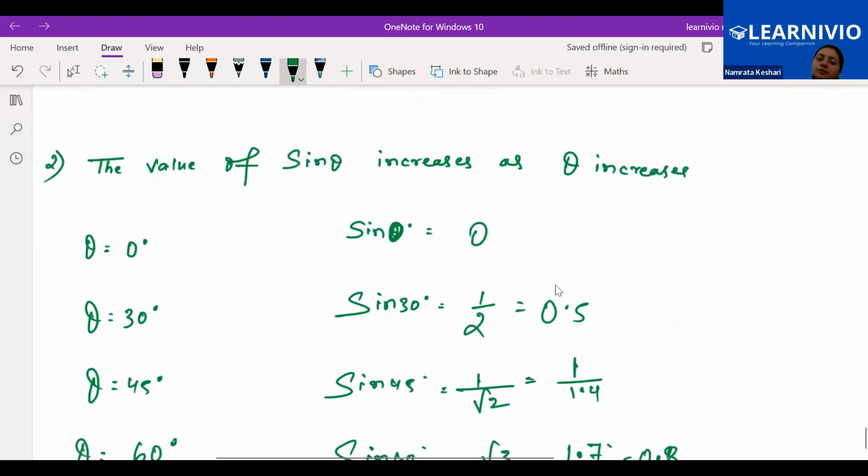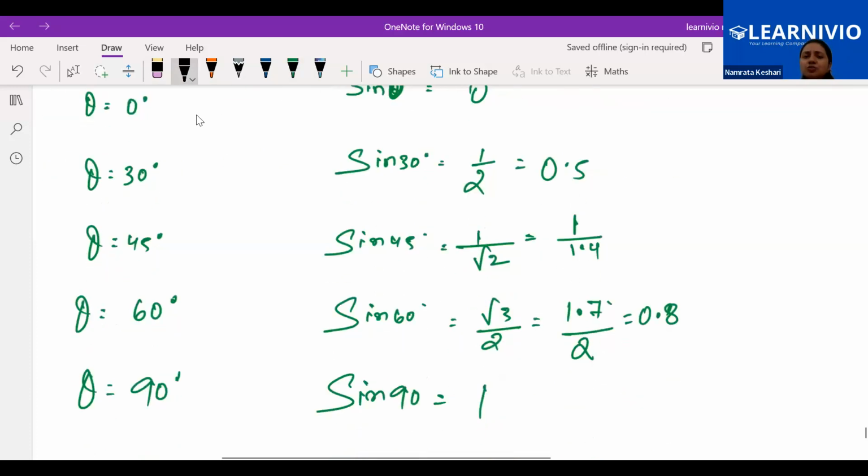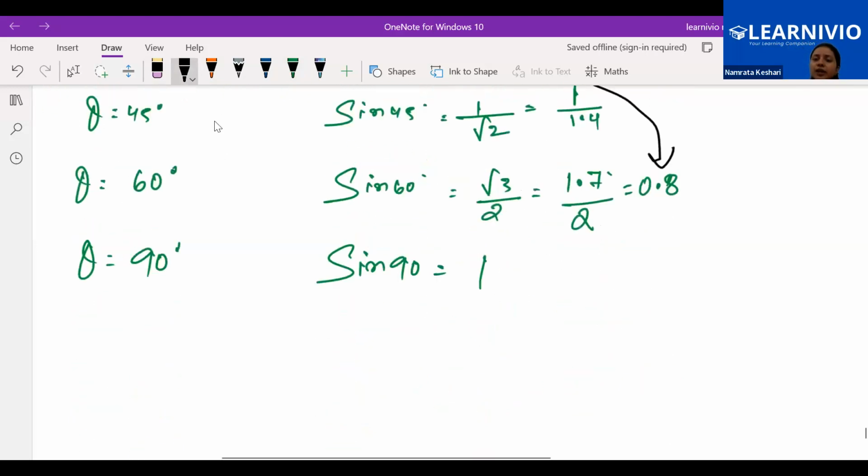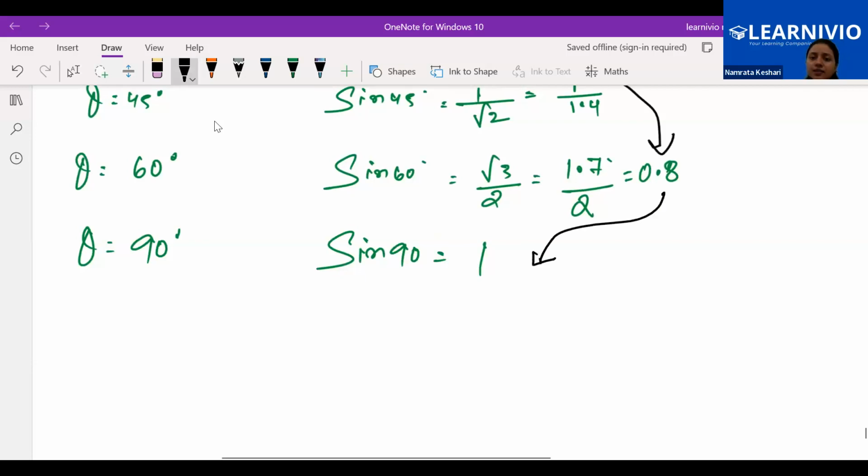Even if a few values we were not able to calculate, since it is just a true false question, we cannot give that much time to this question. We have to analyze quickly whether it is true or false. So sine 0, 0 increases. Again increases, again increases.